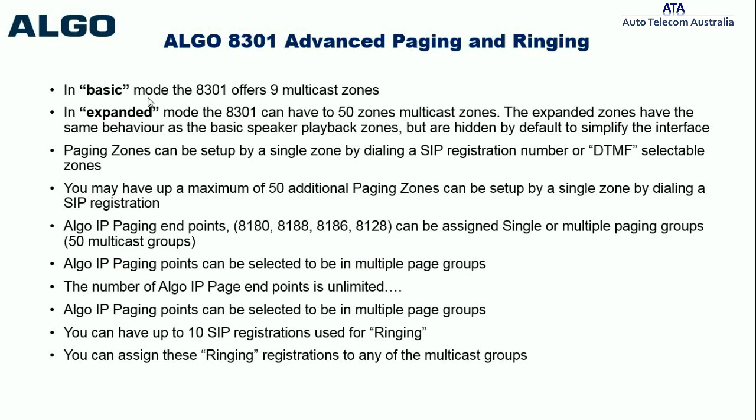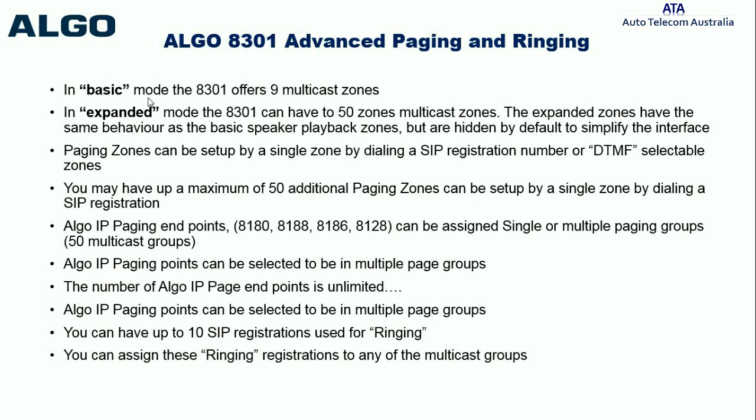They can just be sitting across the network and they'll just be activated via multicast. So we have an 8180 and we just tick what paging group you want it to be in: paging group 1, 3, 10, 15 and 50. It's up to you. Now the multicast groups or paging groups can be used for paging and ringing assignments, which we'll talk about shortly as well. So they're a bit of a combination there.